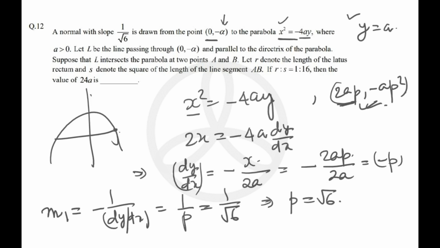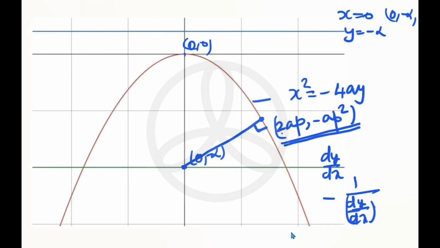Now we have one more equation of the line. The line is passing through this point and this point, and from here we can get the slope of this. So what will be the slope of this line? It will be y2 minus y1 divided by x2 minus x1.